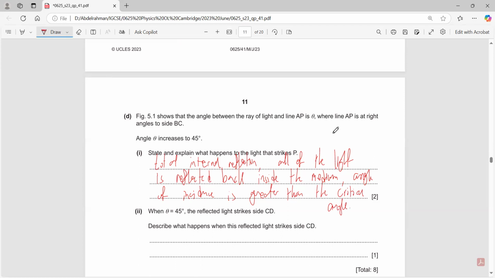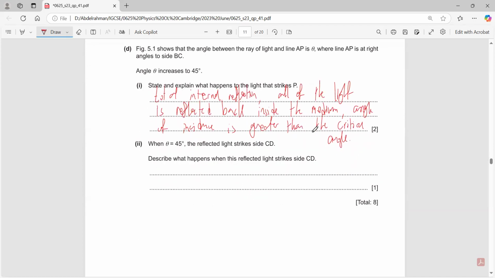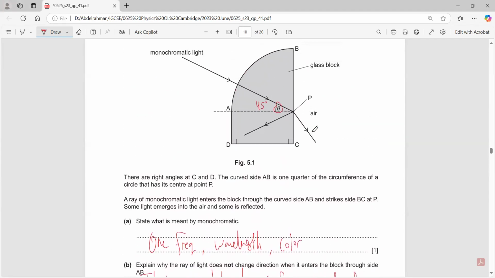When theta equals 45, the reflected light strikes CD. Describe what happens when the reflected light strikes CD. Let's go back to the diagram.